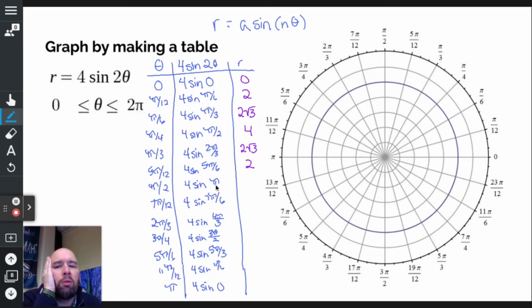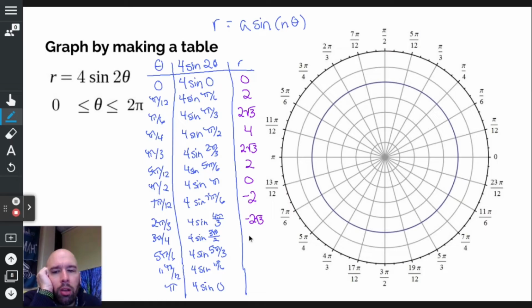Sine of pi is 0, so 4 times 0 is 0. This is negative a half, so negative 2. This is negative root 3 over 2. So that would be negative 2 root 3. This is negative 1.